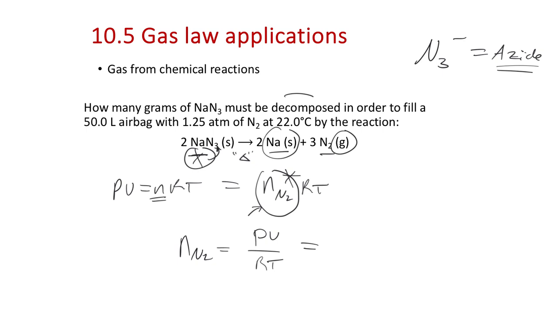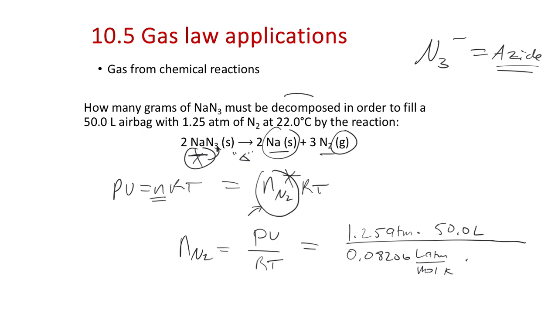We want the airbag to be filled to 1.25 atm. It has a volume of 50 liters, and our gas constant. And then it's at 22.0 degrees C.